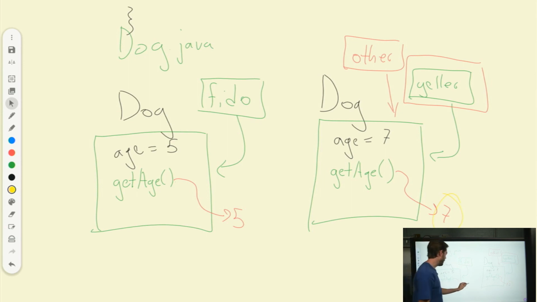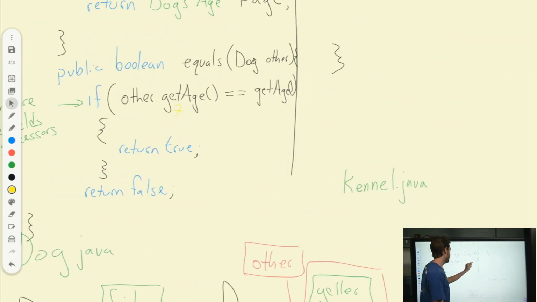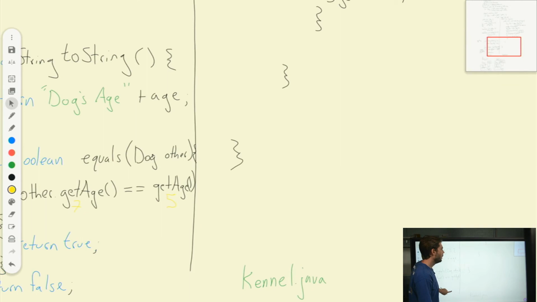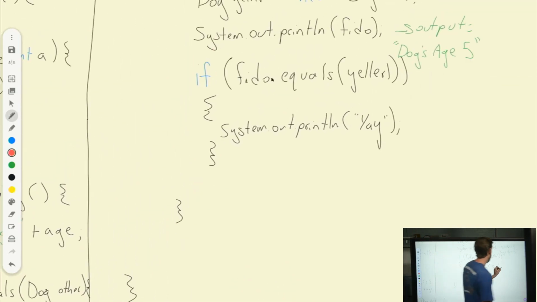We get the value of 5. So this becomes 5. 5 does not equal 7, so it does not return true. Instead, it returns false. And our system.out.println, this does not run. This is false.